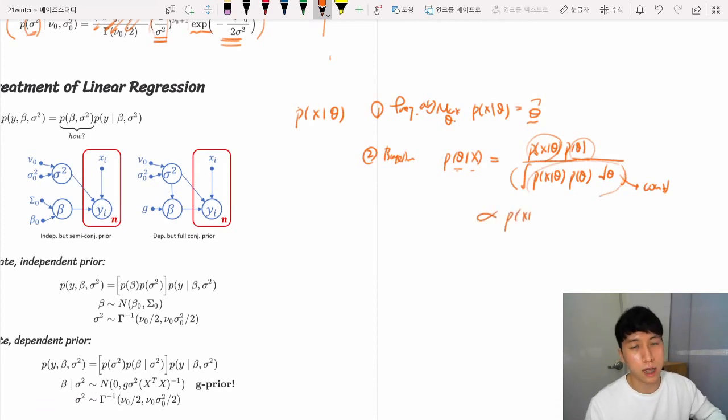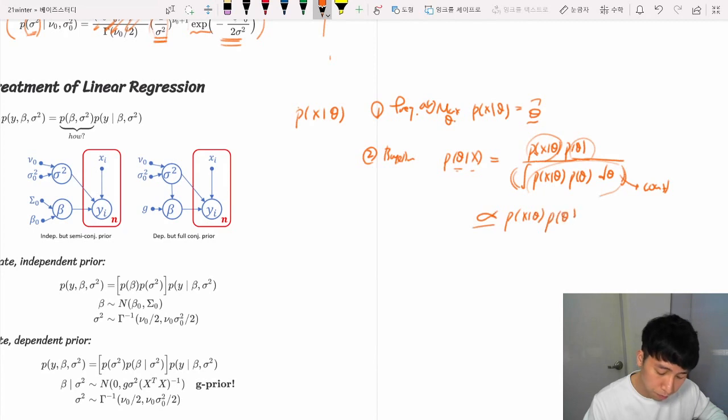It is incorrect to say it does not matter, but we can just disregard this constant and put a proportional-to symbol here. And this conditional density and marginal density itself constitute a full probability model, right?